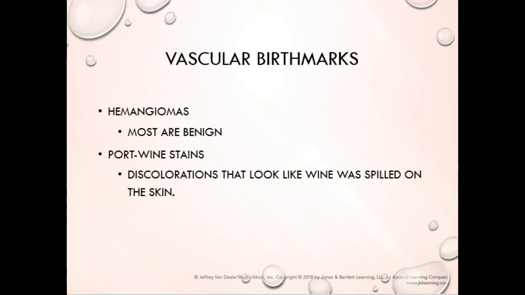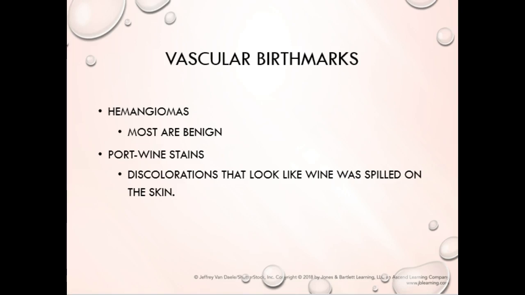You can get them in the liver, hemangiomas, and I actually know somebody whose hemangioma was mistaken as cancer in their liver. So you want to make sure that you follow up with patients with that. And they would have to have a PET scan to truly know what it was. Thank God it was hemangioma. Now, port wine stains are just discolorations on the skin that look like wine was spilled on it.